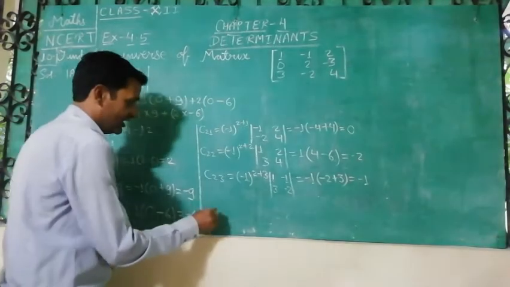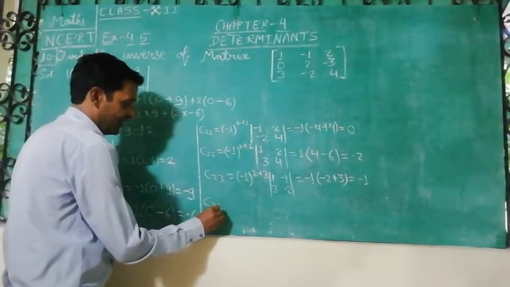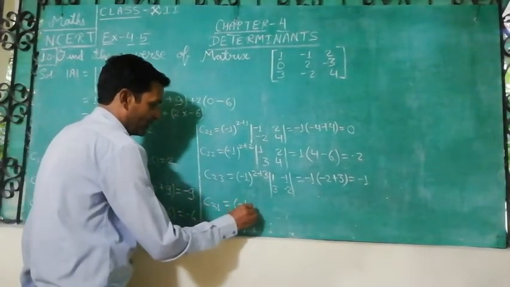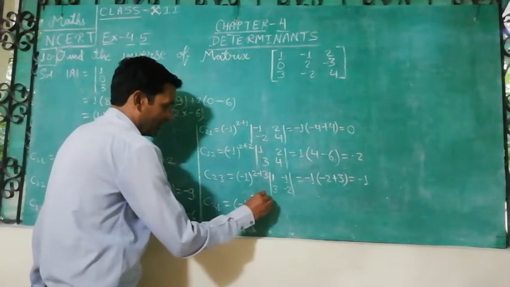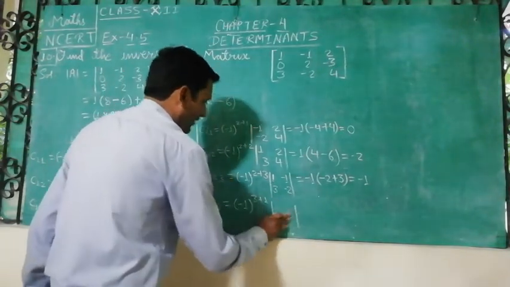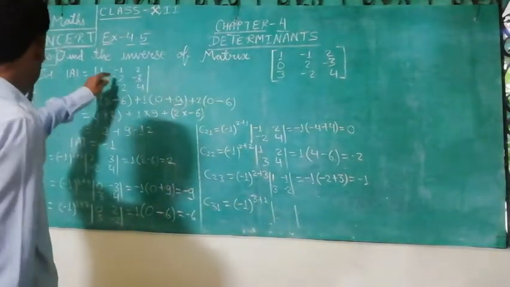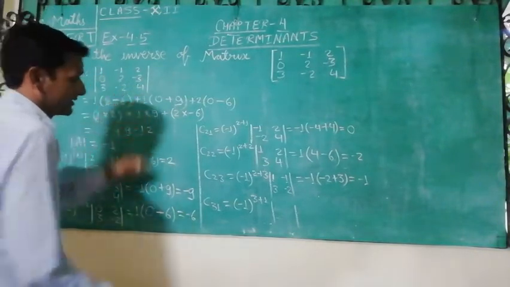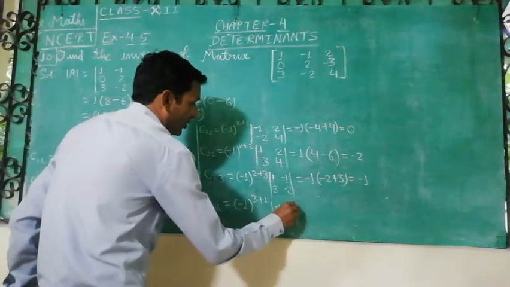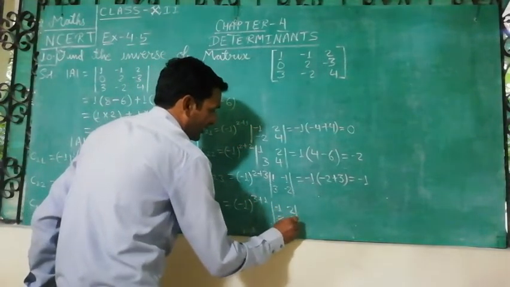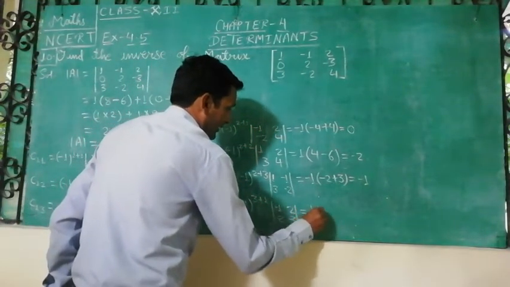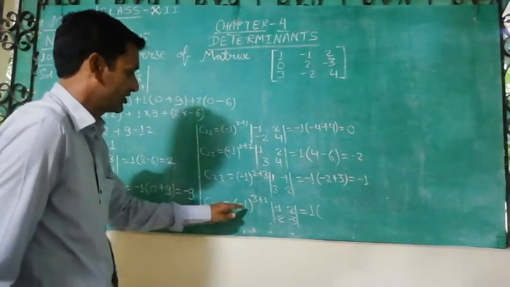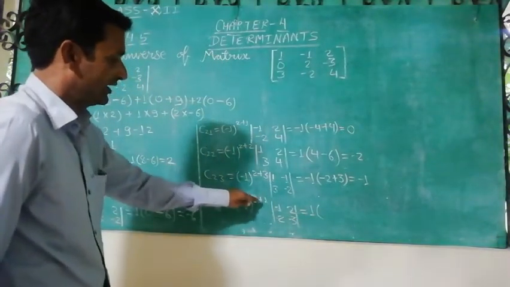Now C31. C31 is equal to (-1) raised to the power 3 plus 1. Then we have to write in determinant: the third row and first column will be eliminated: -1, 2; 2, -3. So it will be equal to 1, because 3 plus 1 is 4, an even number.